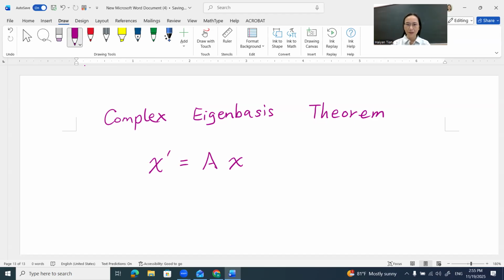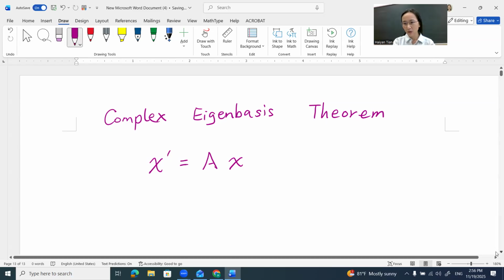So through the theorem, we want to give a formula to the general solution. So let's start with some assumptions of the linear system, and then we can arrive at a conclusion.